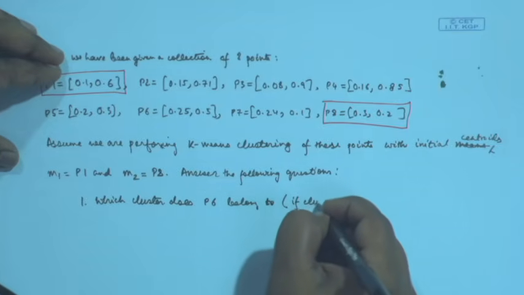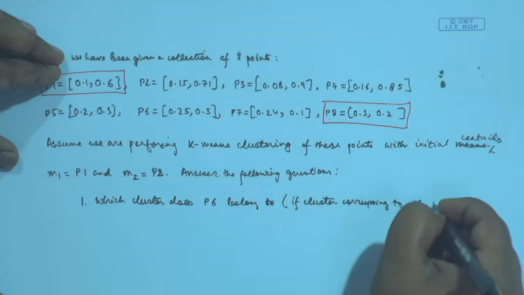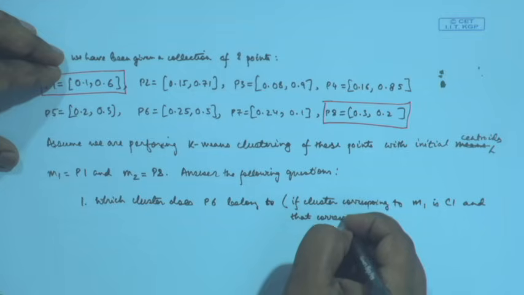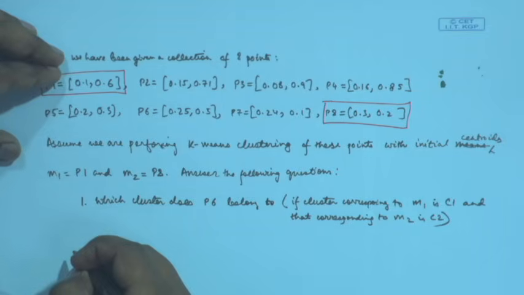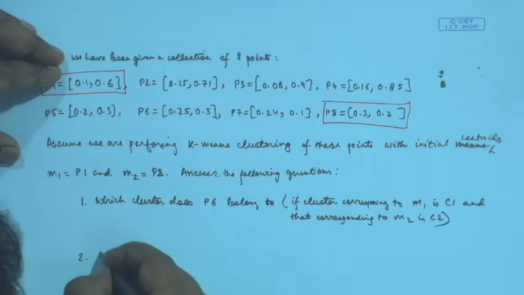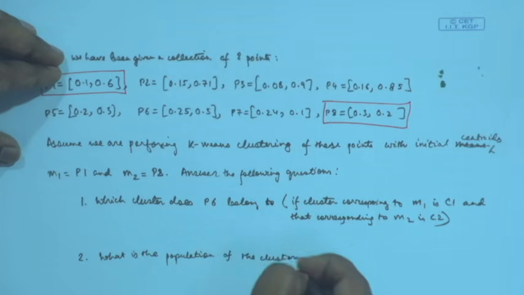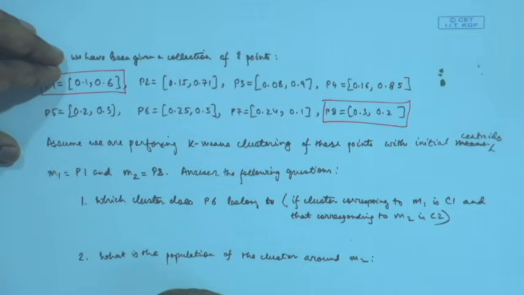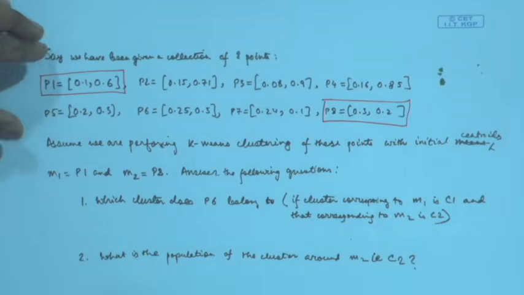If the cluster corresponding to M1 is C1 and that corresponding to M2 is C2, and number 2 is what is the population of the cluster around M2, okay, that is C2, right. So what is the population of the cluster C2?